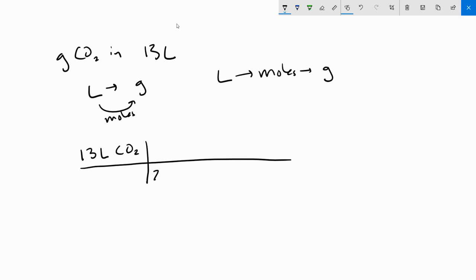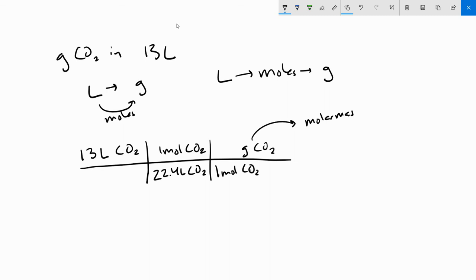I know that the conversion factor for liters to moles is 22.4 liters of carbon dioxide is 1 mole of carbon dioxide. I know that 1 mole of carbon dioxide has a value in grams. And that grams, remember, is your molar mass. That molar mass comes from your periodic table.